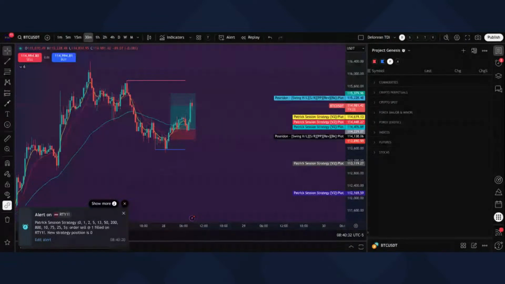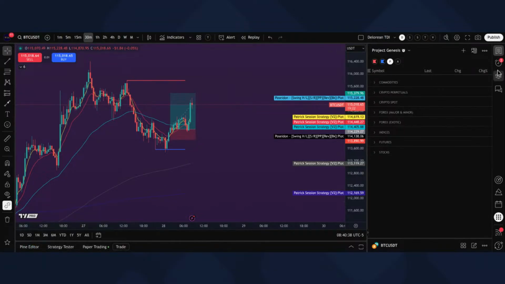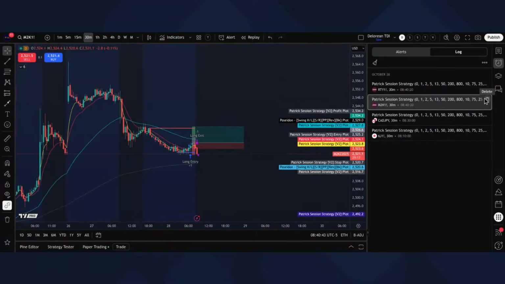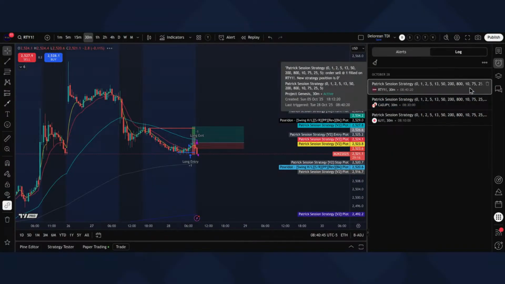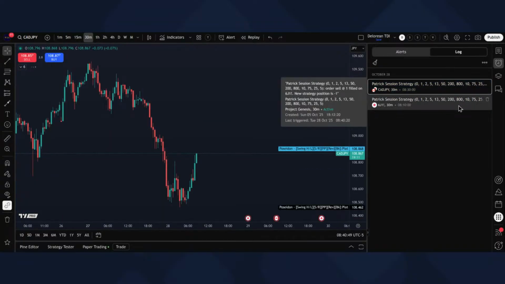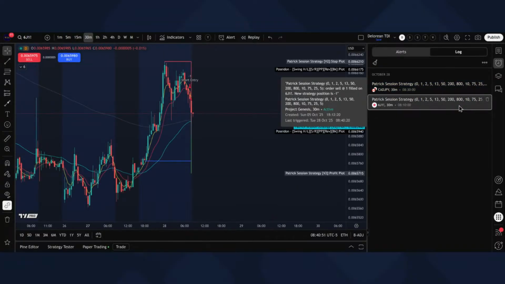Another ding. Let's see what we got. R21 and MK21. Stop loss. Okay. So I don't really like that setup on 6J1.